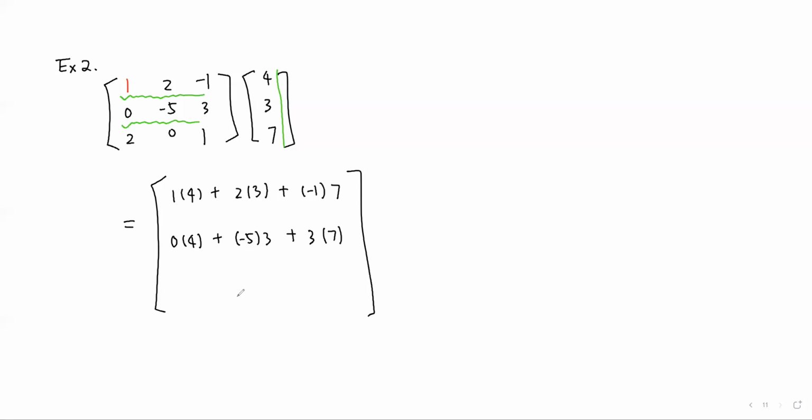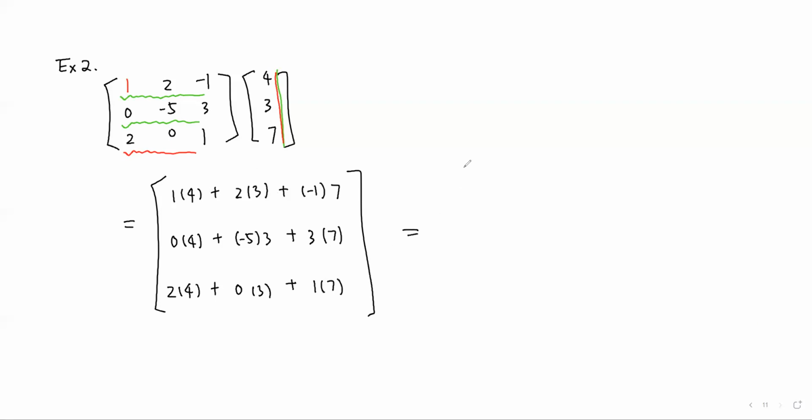The third entry in this vector is row 3 times vector V. The answer is first entry times first entry, 2 times 4, plus second entry, 0 times 3, then plus 1 times 7.